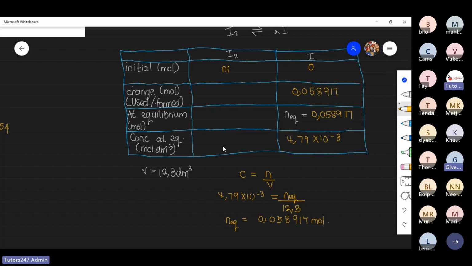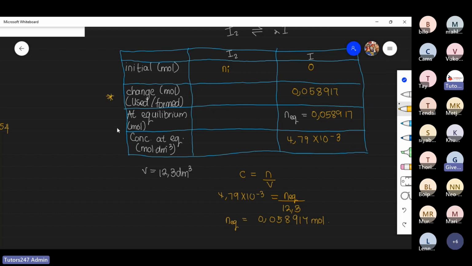Okay. Always your product section, the change is always going to be equal to at equilibrium, okay? Now something important. How are we now going to fill out the reactant section? How are we going to fill in the values of iodine molecules? Because we only have our iodine atoms column filled out. Now to do this, you can use change. This is only applicable in the change row.